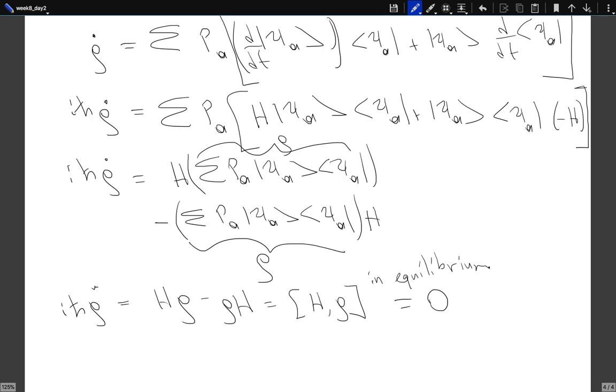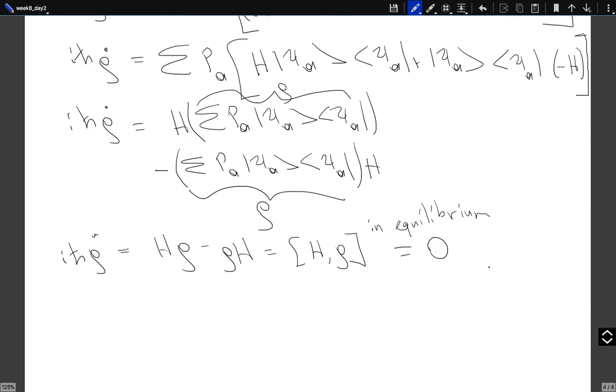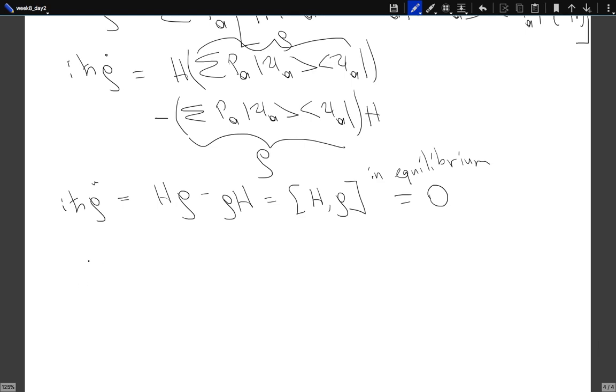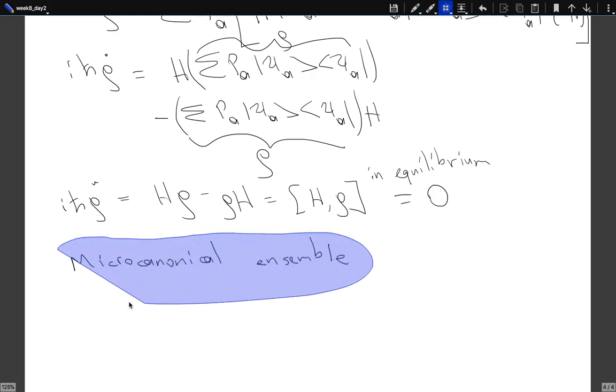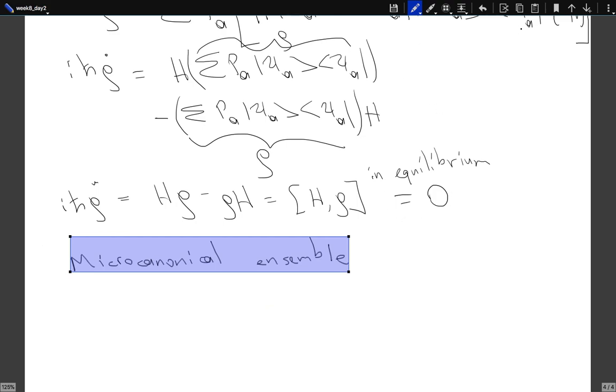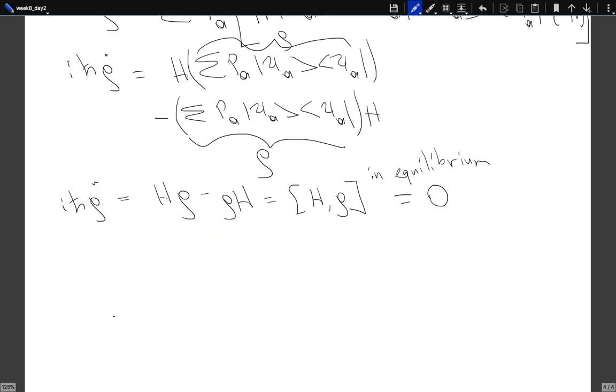Well, basically we are back to what we had done in the classical system, in a sense. In the sense that we can start with the canonical ensemble, microcanonical. Well, you see, the fact that it commutes with H also tells me that in a basis in which the Hamiltonian is diagonal, I can choose it such that rho is also diagonal.